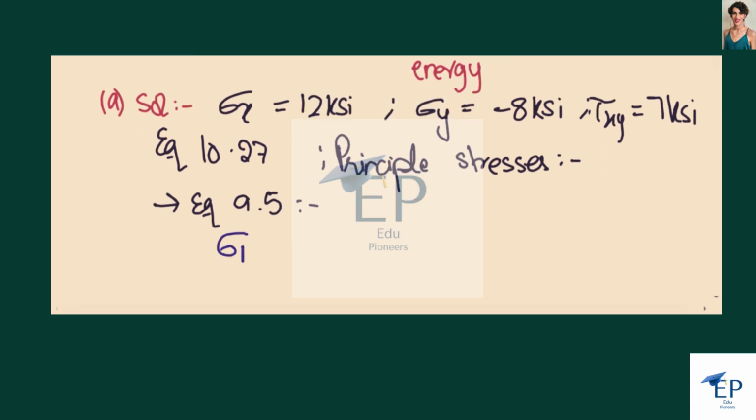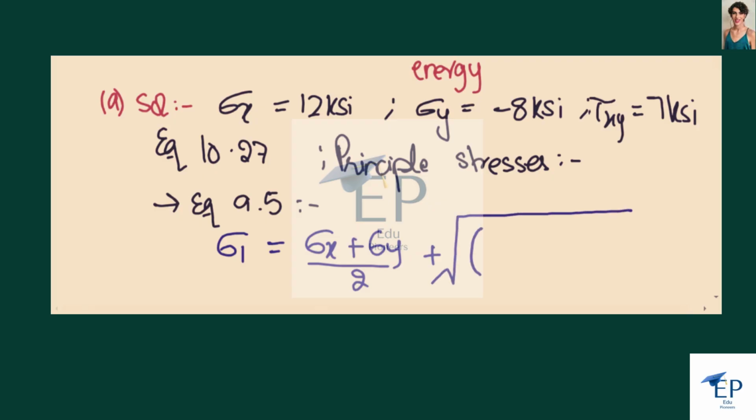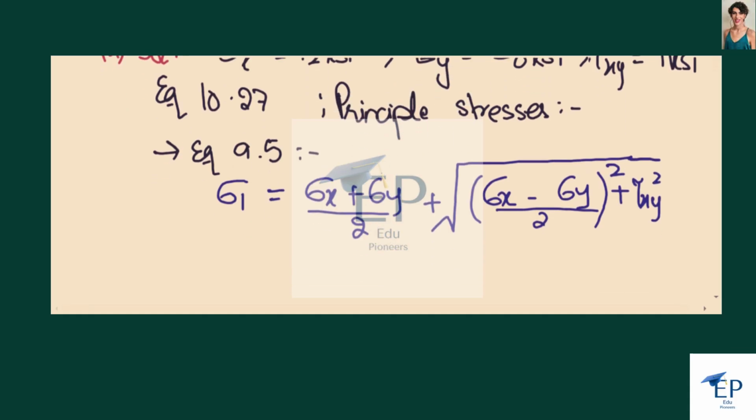We have sigma sub 1 equal to sigma sub x plus sigma sub y divided by 2, plus under root, sigma sub x negative sigma sub y divided by 2 whole square plus tau sub xy square.